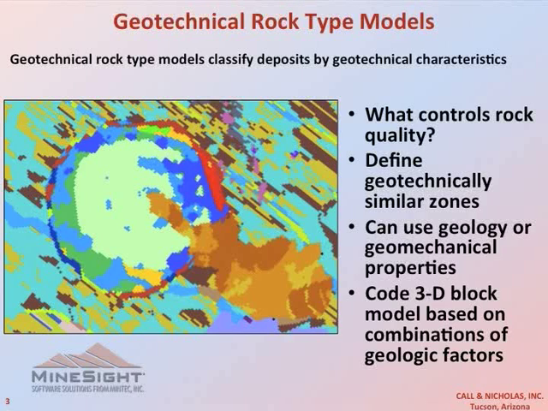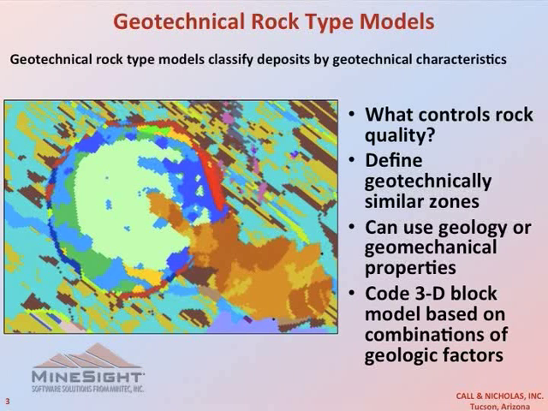Okay, geotechnical rock type model. Basically this is just a way to classify deposits so that we can assign a code that alerts us to some sort of geologic combination.